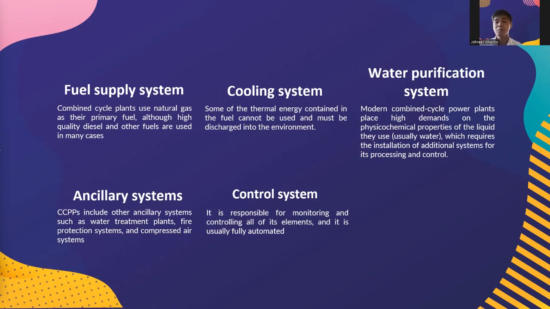So kung sasabihin natin na ang control system ay nagpe-play siya ng vital role sa isang power plant or sa isang system kasi ito yung nagko-control, nagmo-monitor ng paggalaw ng activity ng ating mga equipment or ng ating power plant.